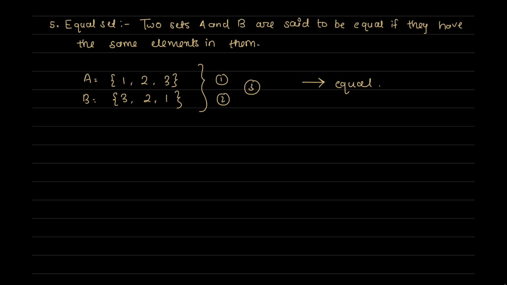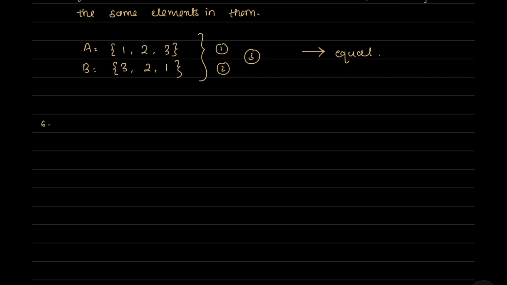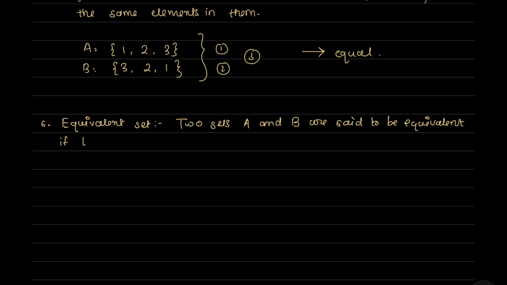Alright. Then next we have something called equivalent set. Two sets A and B are said to be equivalent if they have the same number of elements in them.